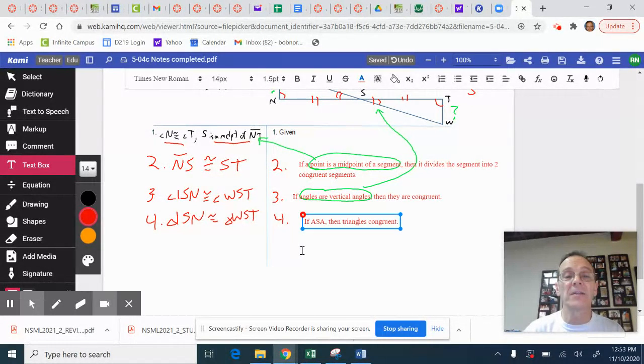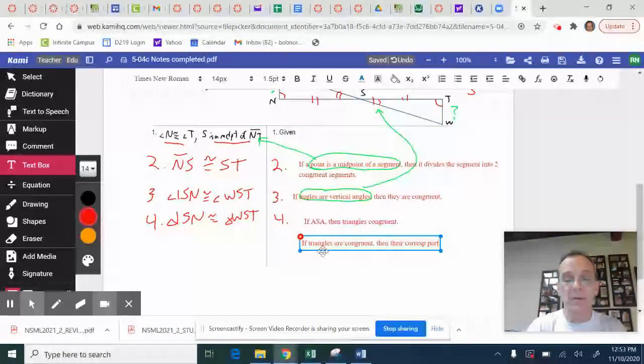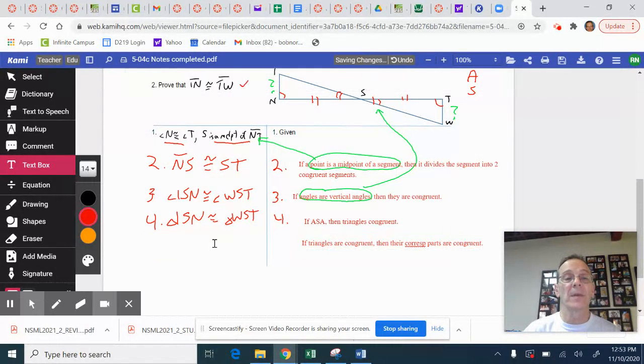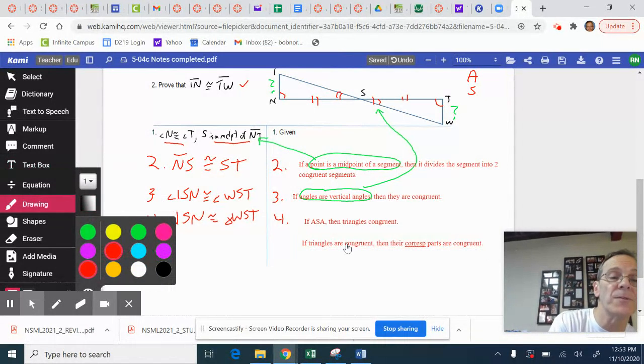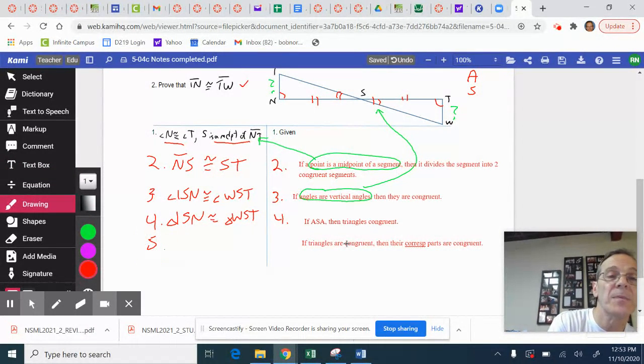And then finally, reason number 5, if triangles are congruent, then their corresponding parts are congruent. Okay. And so statement number 5 would be IN congruent TW. Okay, and there's our reason number 5.